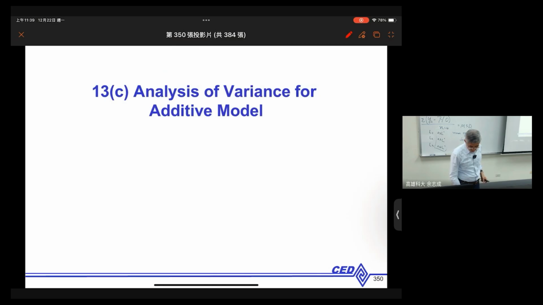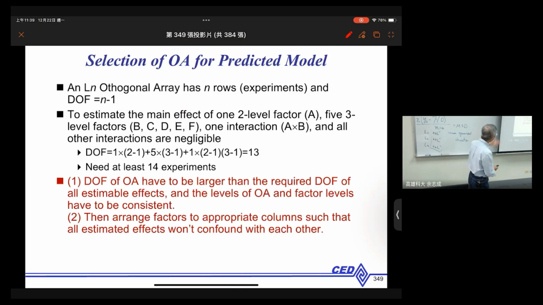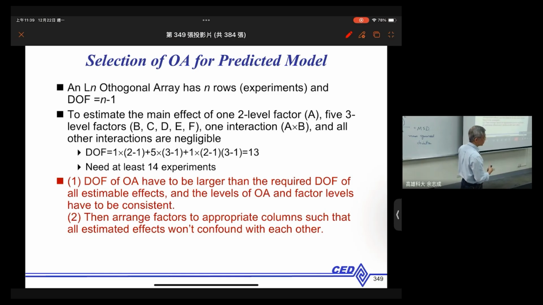So there are some more examples following like that. For instance, you want to compare whether this selection of orthogonal array is reasonable or not. So from here you can see if you have one 2-level factor, five 3-level factors, 1 interaction AB, and the rest of the interactions are negligible. What is the total degrees of freedom?